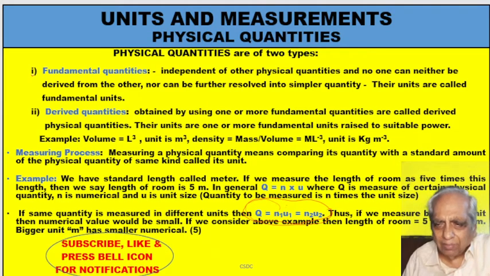So that is a measuring process. Long back, many hundreds of years before, if you said I want this rope, he would stretch his hands and measure the length and say okay, this is 1 unit. Now how many do you want? We will say 10, so he will give you 10 times of that.